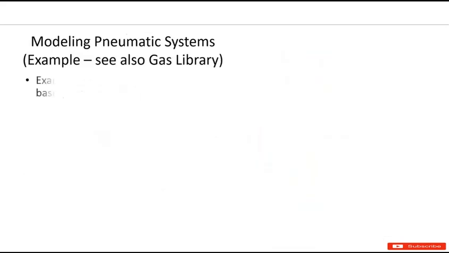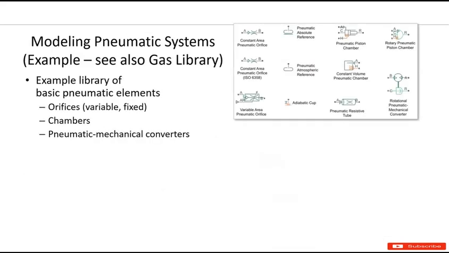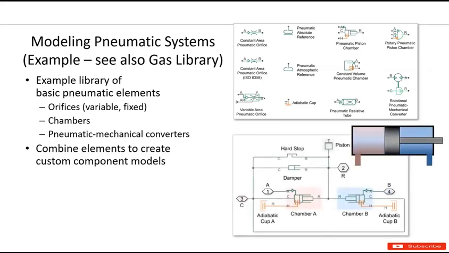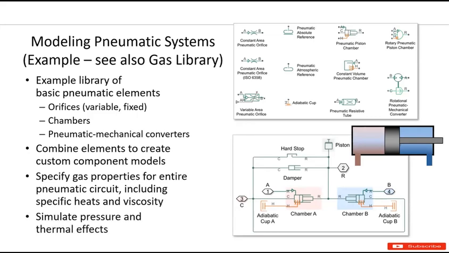And then there's a gas library where you can find all the blocks for pneumatic elements, which deals with gas in specific. So you can simulate the gas properties like specific heat or viscosity, and you can simulate the pressure and thermal effects.